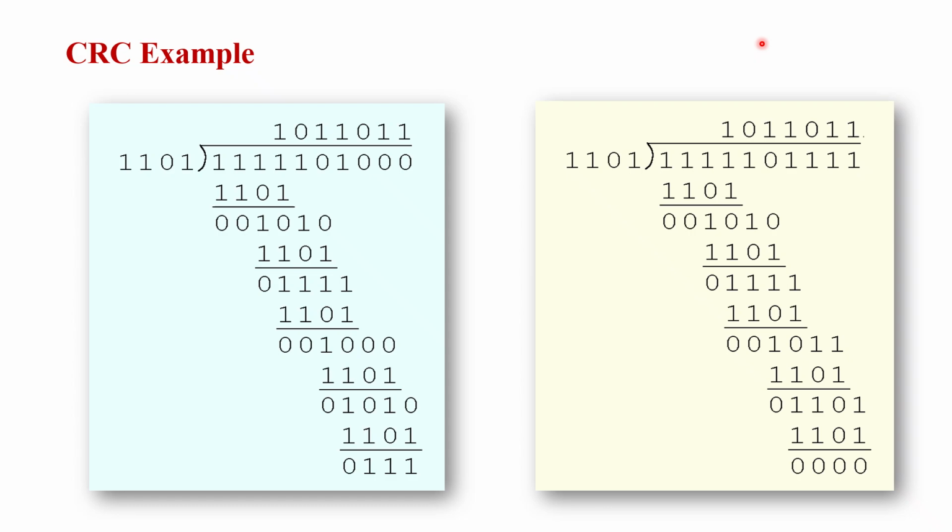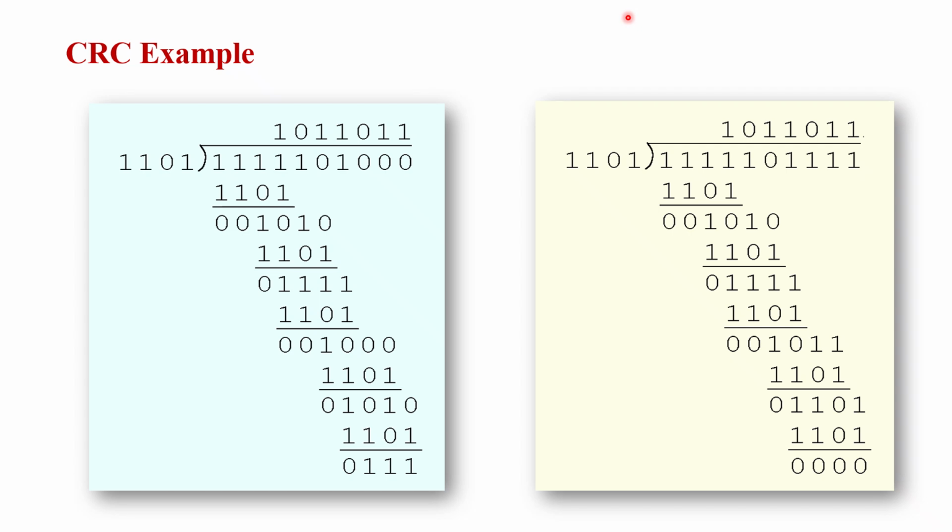The remainder obtained from this division is 0111. This remainder is then added to the data unit, replacing the appended zeros. So the final transmitted code word becomes 1111101111.